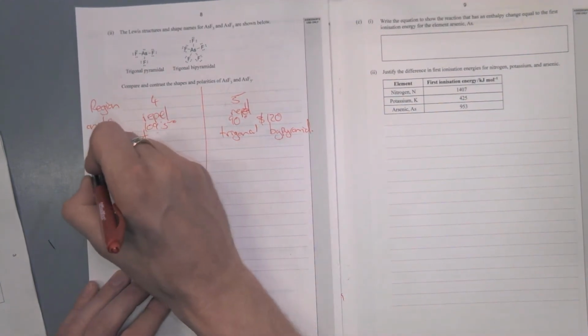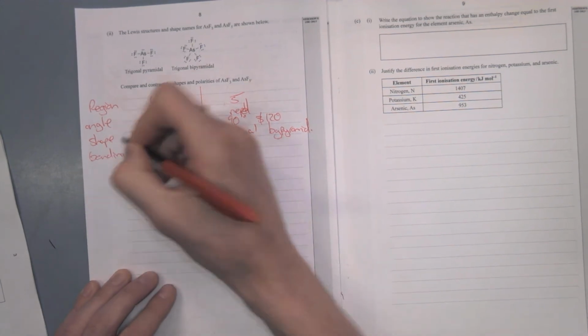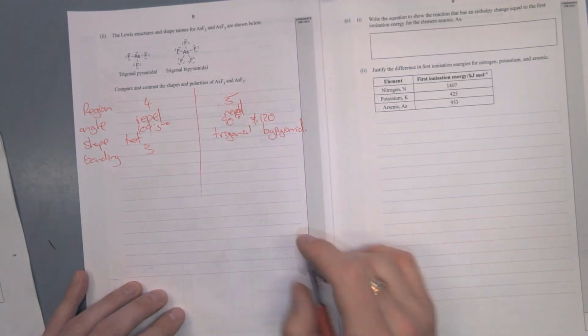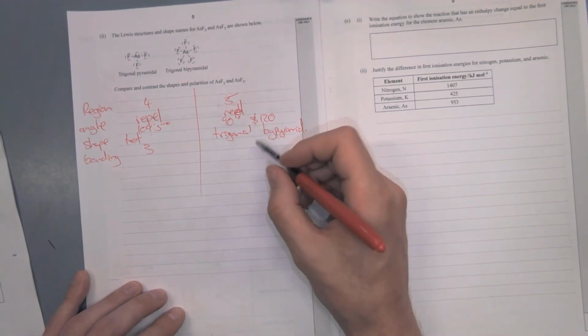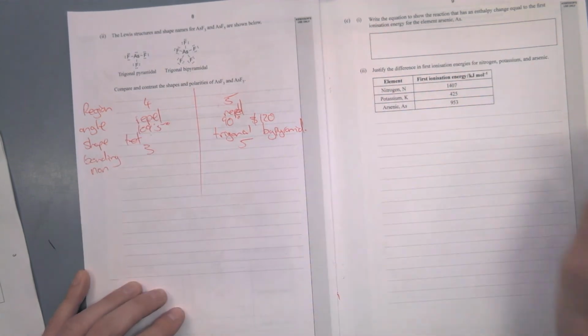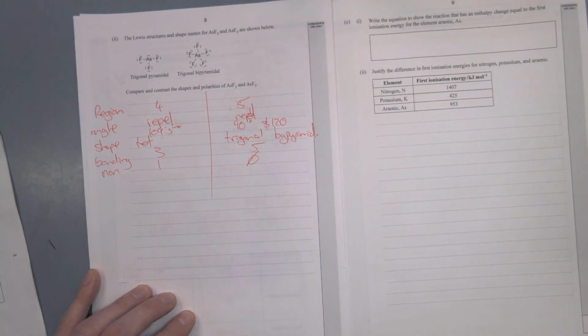How many bonding regions? Oh, this one here's got 3 bonding regions, and this one here has 5 bonding regions. How many non-bonding regions? Well, this one here's got 1, this one's got 0.